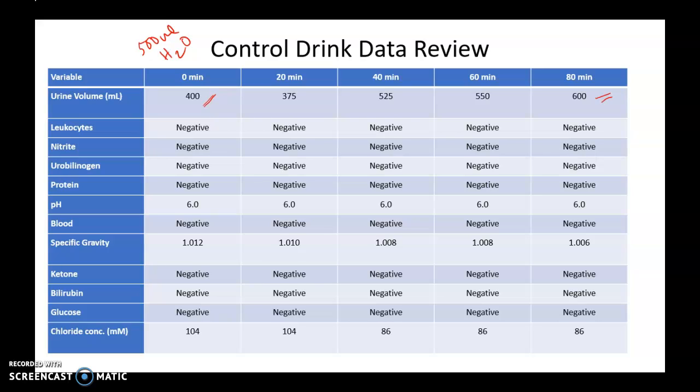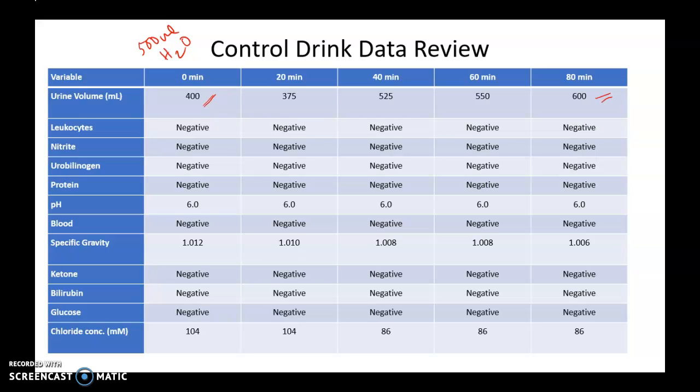You should always be negative for nitrite. Urobilinogen is a byproduct of bilirubin metabolism. You do excrete a little bit of urobilinogen in your urine, but that is a very, very negligible amount. The only time when you can have this in your urine is when you have liver cirrhosis or other liver related disorders.